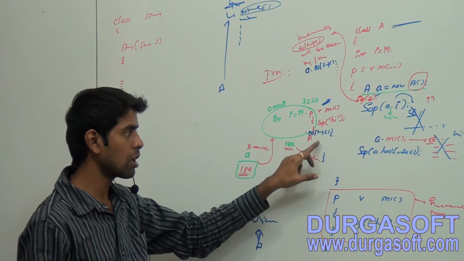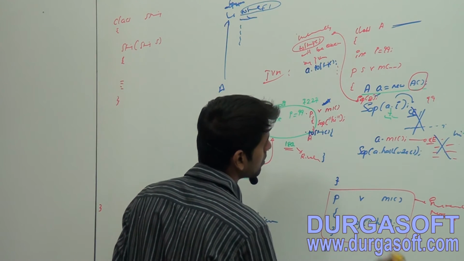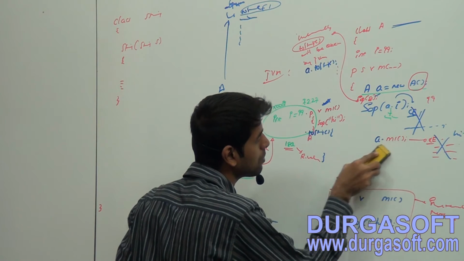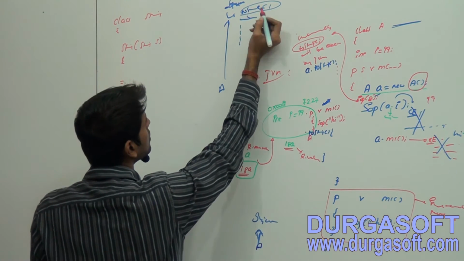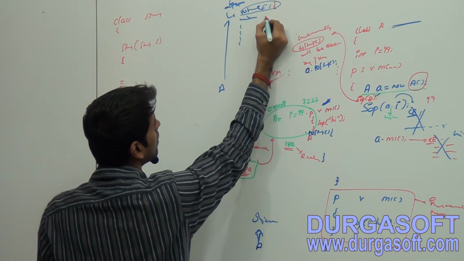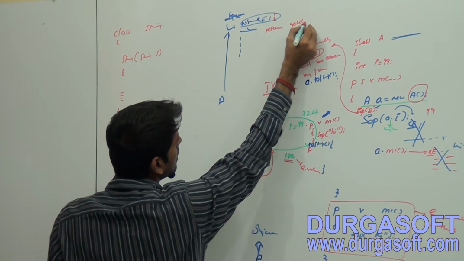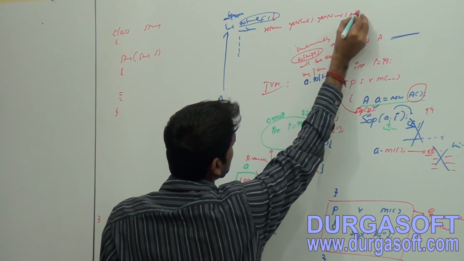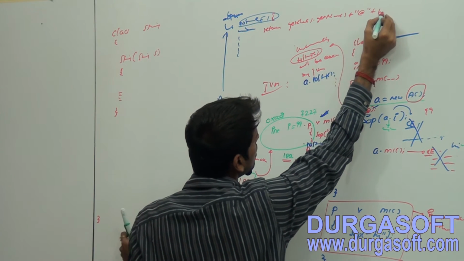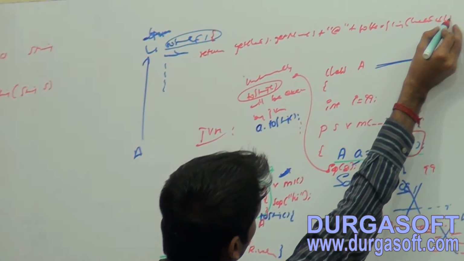Okay, now let's talk about only the toString method here. The Object class toString method has an implementation: return getClass().getName() plus appending a literal @ plus Integer.toHexString of hashCode.